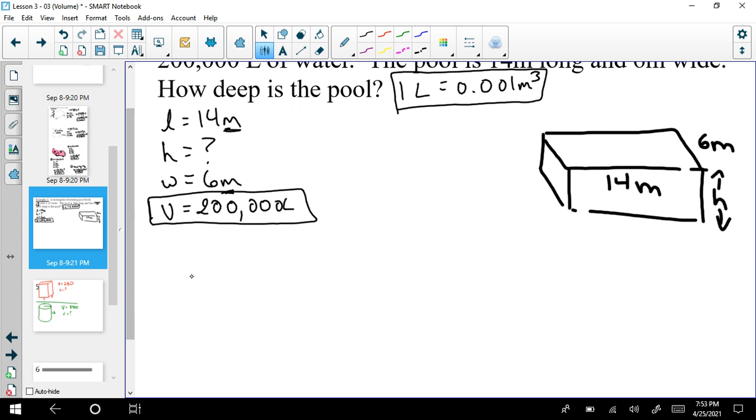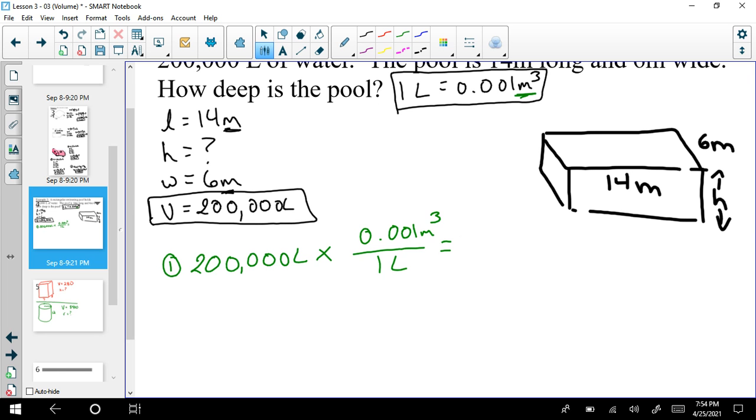Okay, so remember for our conversions, we set it up all the same. I would take I'm just going to put a little one, 200,000 in liters, and then I would do my times, and then I would have my conversion. So we need what we want on the top, right? And so we want these meters cubed. So I would put 0.001 meters cubed on top and my 1 liter on the bottom.